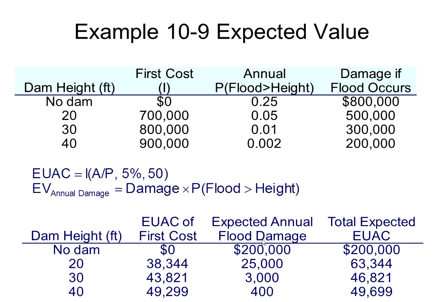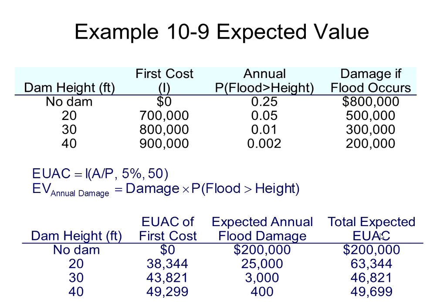So the cost plus the damage is going to be 200,000, and that's what we have in terms of total expected uniform annual cost when we have no dam. And then for 20 feet, we add this, which is annual equivalent of first cost, plus the expected annual flood damage. Adding these together, we're going to get 63,000, and then adding these two together, we're going to get 46,000, and then adding these two together, we're going to get 49,000.